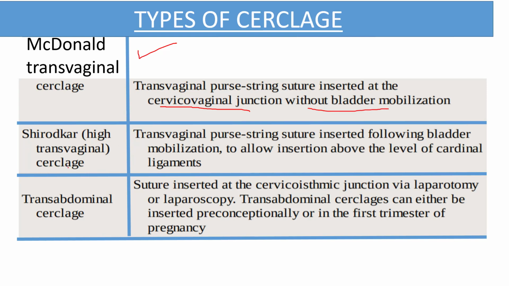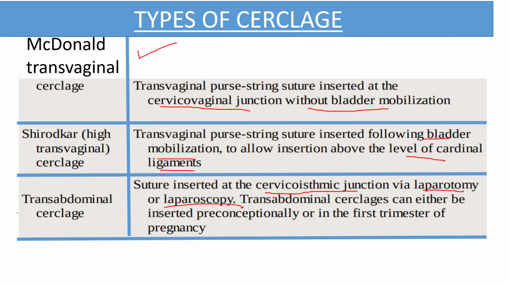High transvaginal cerclage is also called Shirodkar cerclage, and they are inserted above the level of cardinal ligaments and we have to mobilize the bladder. Transabdominal cerclage is applied at the cervico-isthmic junction, either by laparotomy, meaning cutting the abdomen, or by making holes, meaning laparoscopy.